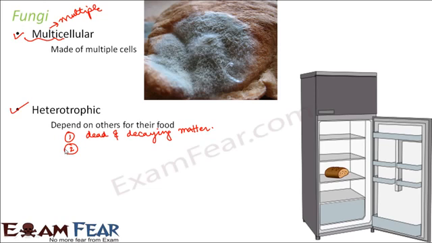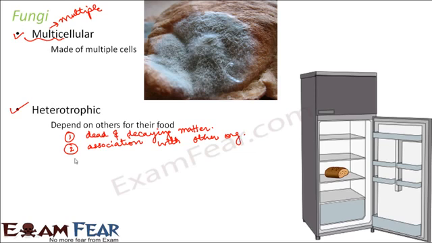Next, they can exist with other organisms and get food from them. As I mentioned before also, maybe fungi live in a mutual association with another organism, where the fungi also help that organism in some way, and that organism provides food to the fungi. So that is another way of getting food from other organisms.